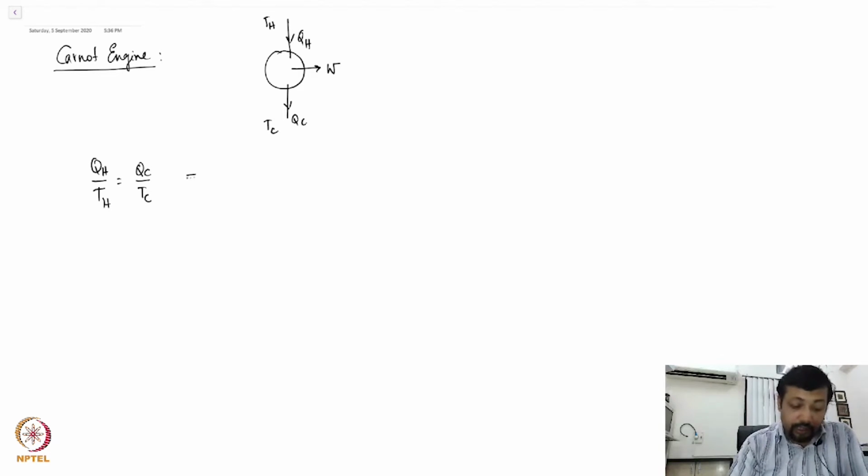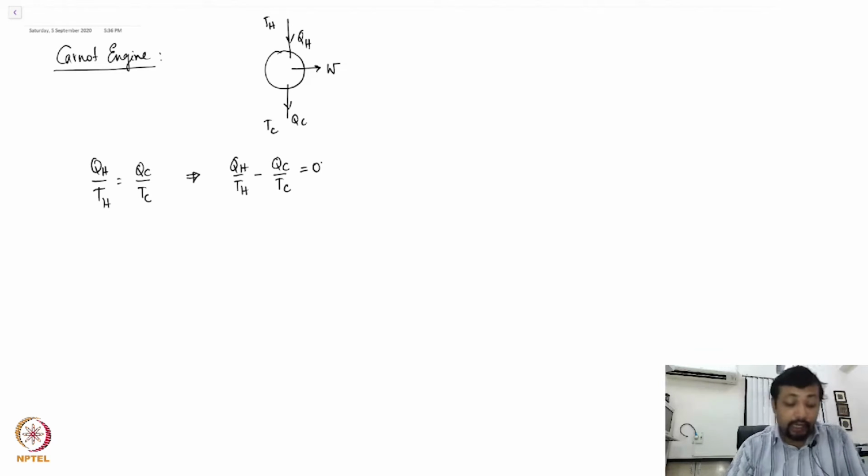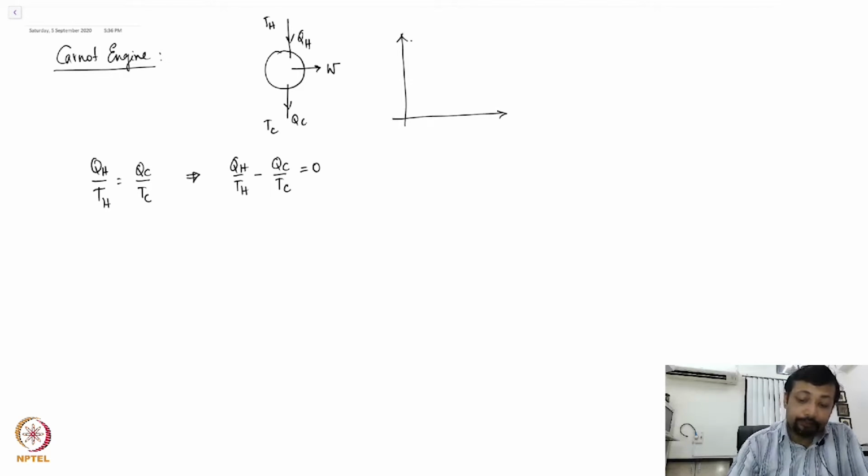So then we argued that we can write this relation down in this particular way. And as it turns out, when we looked at the processes for the Carnot engine, there were two adiabatic processes and two isothermal processes.